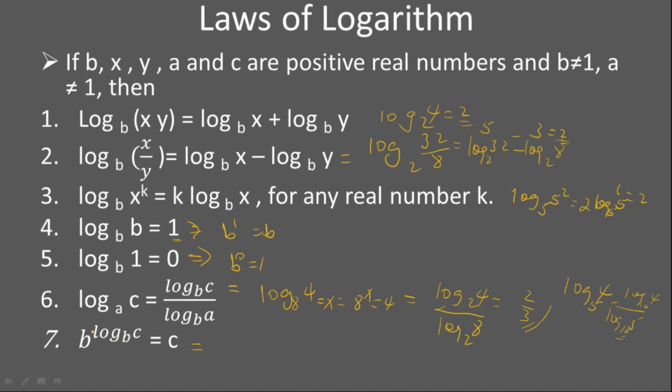b to the power of the logarithm of c to the base b is c. Just this can be what? The base should be similar. This can be 1 times c, which gives c. The reasoning is why: if we say that log c to the base b is x, then to express it as an exponential statement, this means b to the power of x gives how much? c.